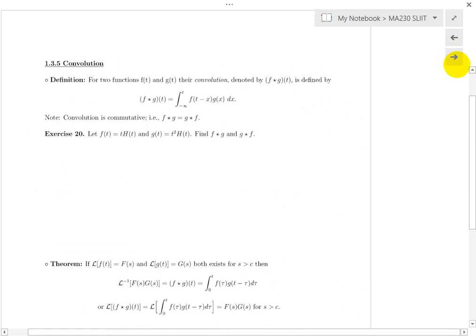Okay, so this is the next topic, what we call convolution.